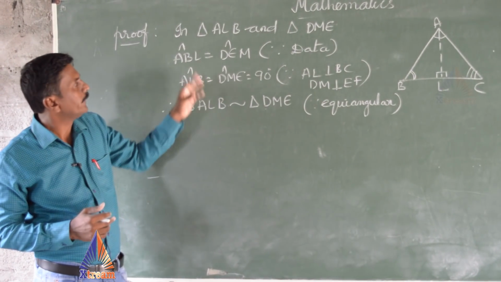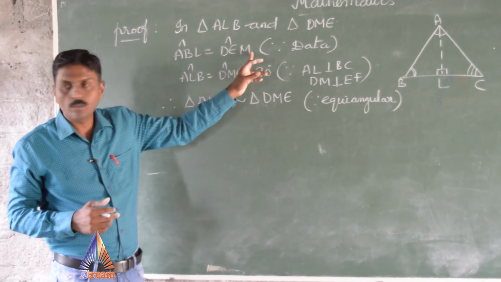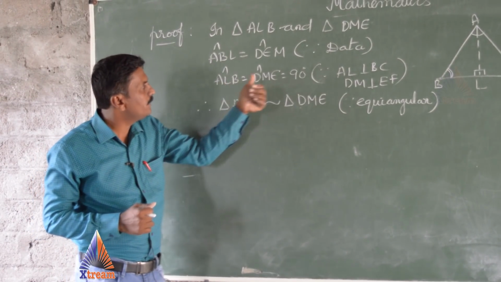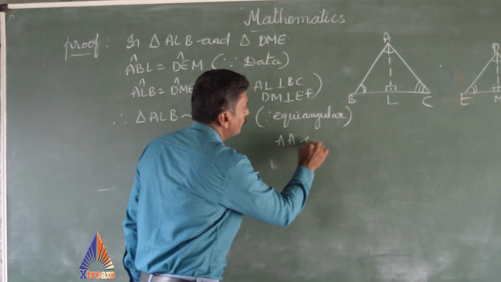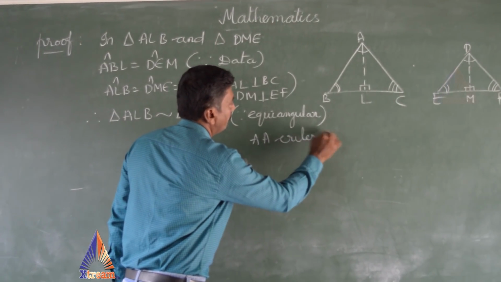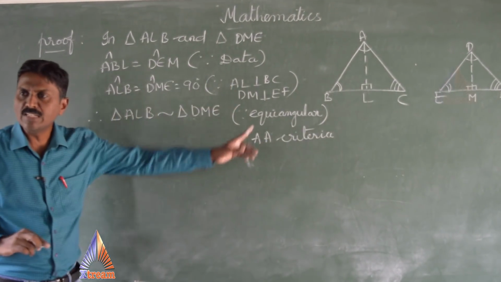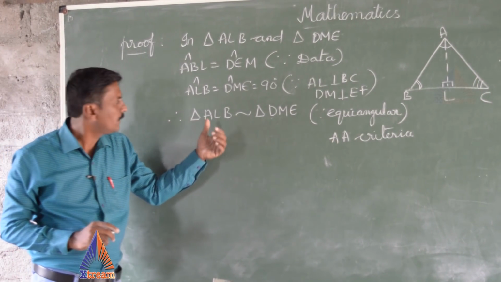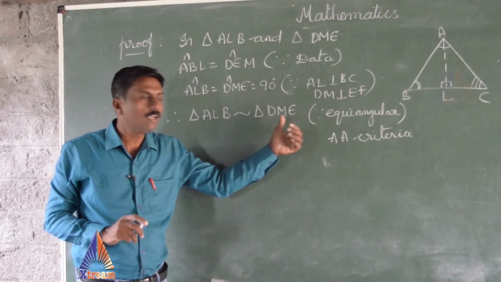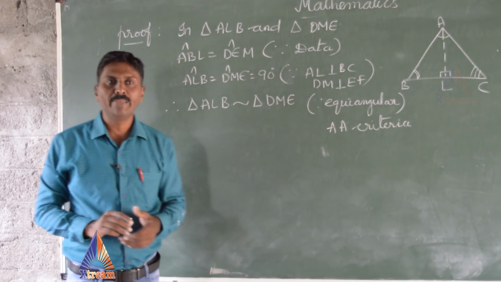Look at this. ABL is equal to DEM. ALB is equal to DME. AA criteria. Basing on this, we say that triangle ALB is similar to triangle DME.